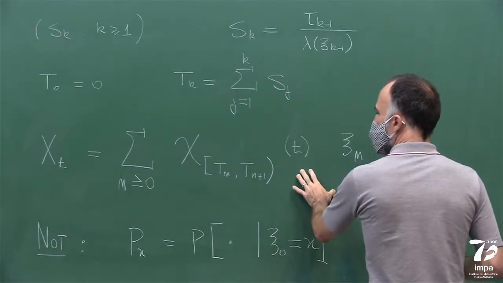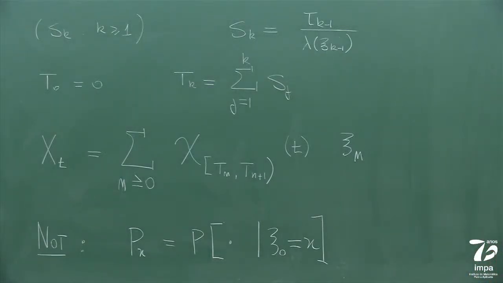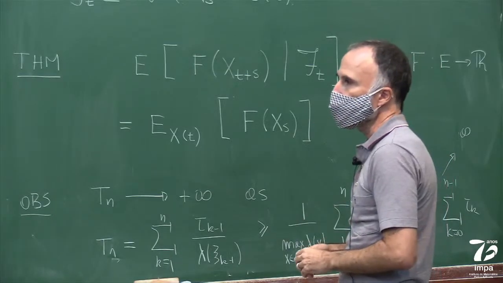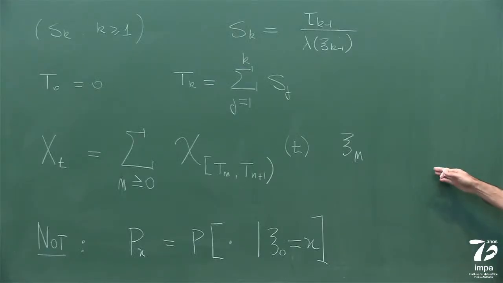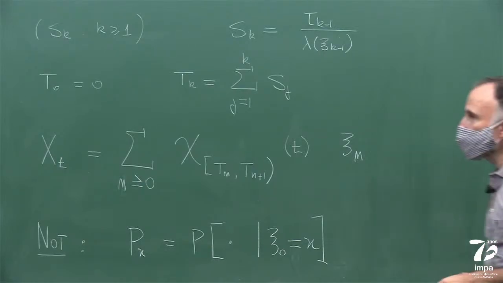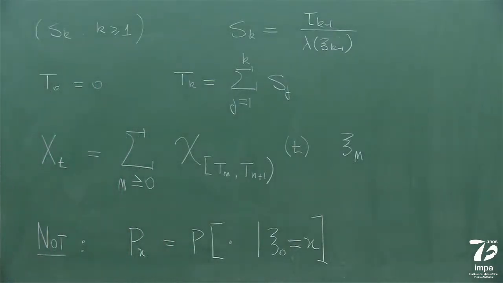So the xt is well defined by this observation. This is the theorem I want to prove, and this is the definition of my process. Is it clear? Fine.